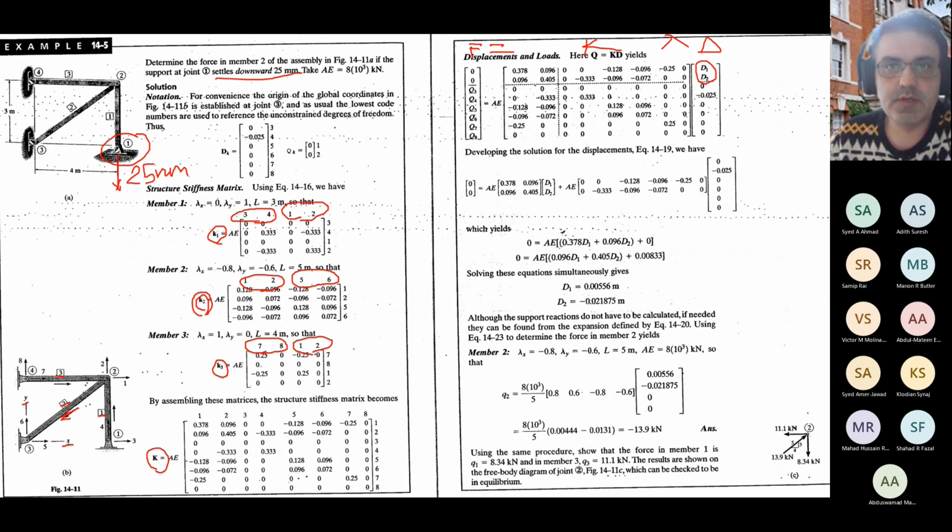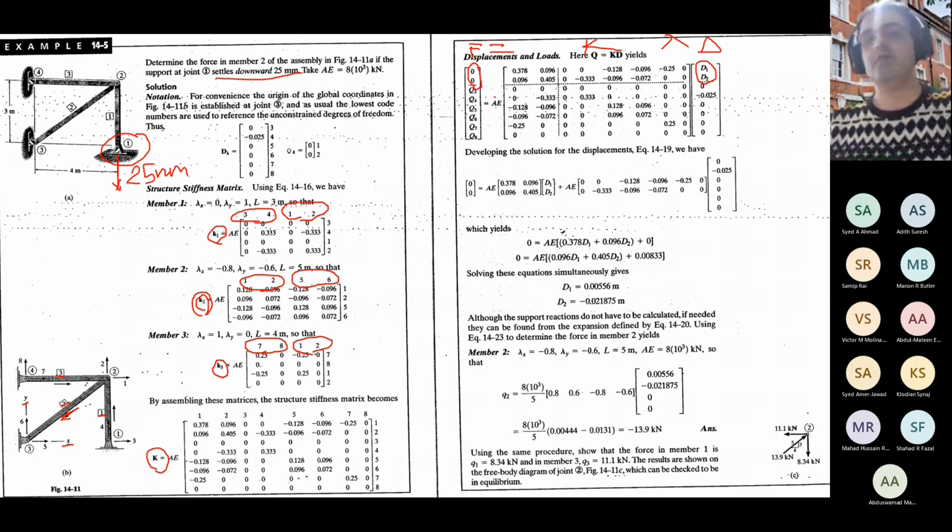And as you know, wherever you have some free degrees of freedom to move, on the other side of the equation you have some external forces. In this case, you don't have any external forces. They are 0, because the only effect in this example is the support settlement.